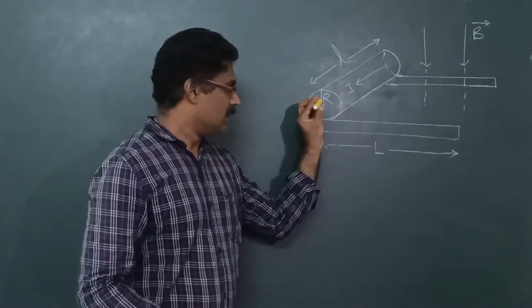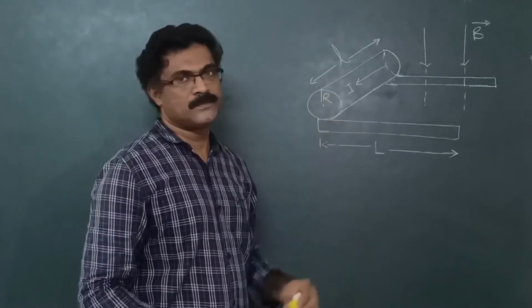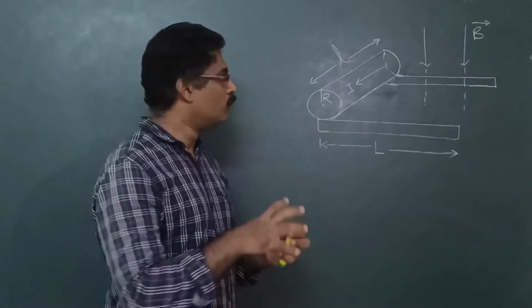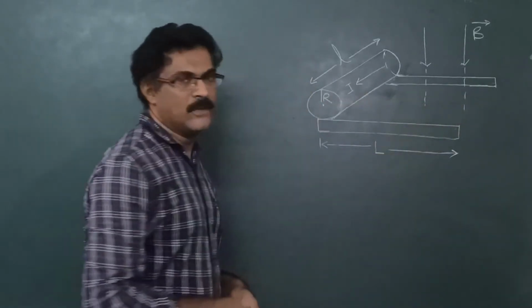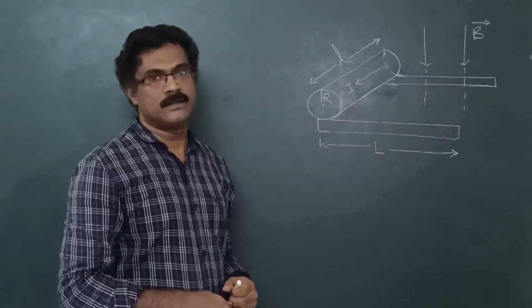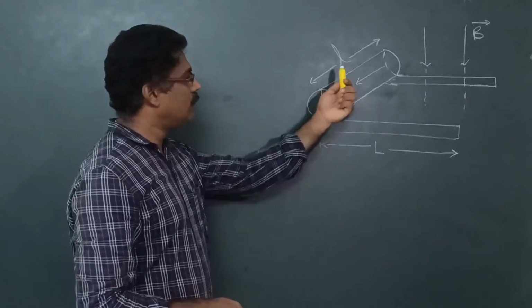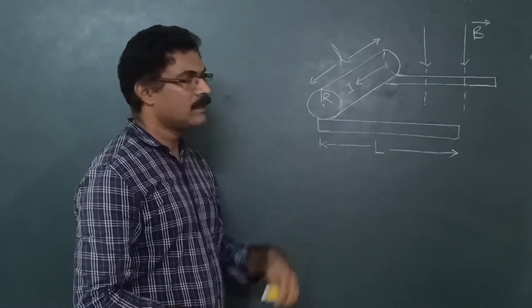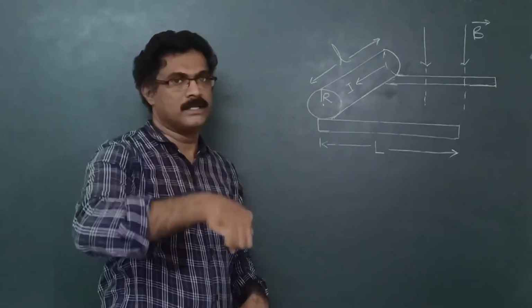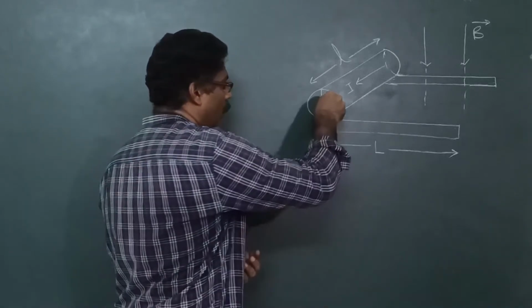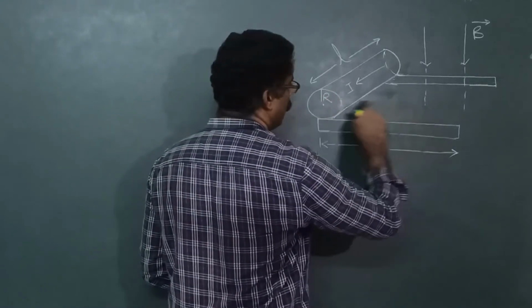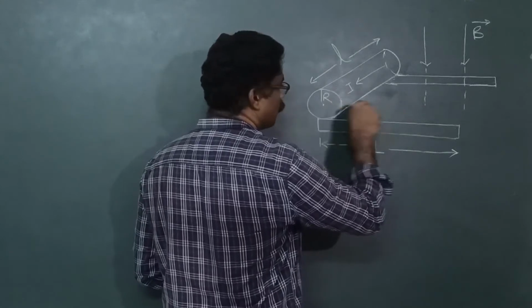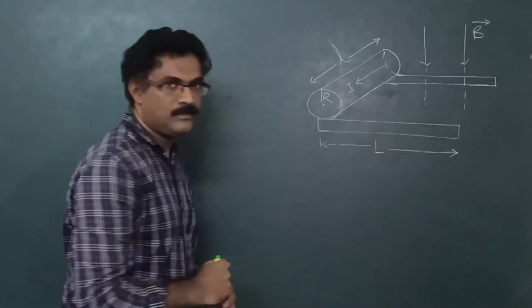Since it is initially at rest, so to move the body in this direction, a force is needed. Okay, and we know that already a force is here, and that is called the weight, gravitational force, but it is in the downward direction. That is not responsible for the motion of this rod in this direction.